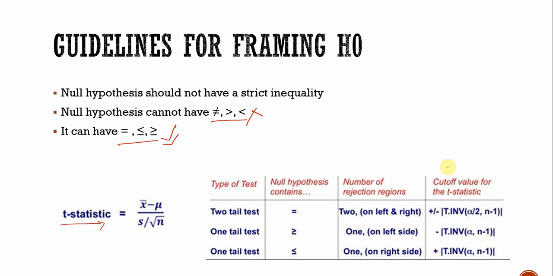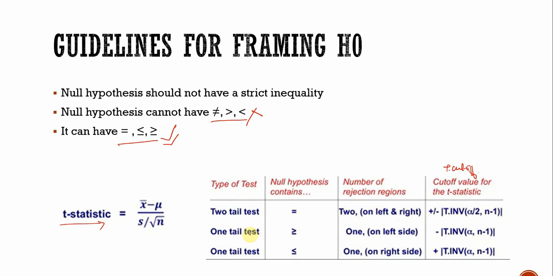There will be a slight change in calculating your T cutoff. So for two-tailed tests, your null hypothesis will always contain equal to, the rejection regions are on both sides, left and right, and here the cutoff value will be plus or minus modulus of T.INV alpha by 2 comma degrees of freedom n minus 1.